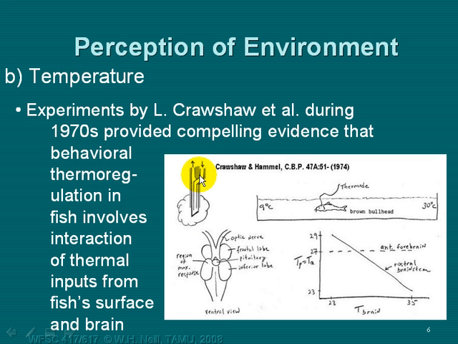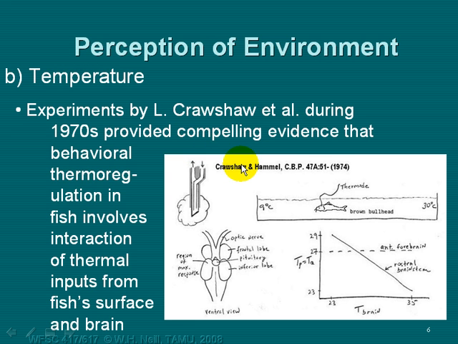In other words, this would be a one-way street where you could put in a fluid and then let it return out of the fish. And he was implanting this in various places within the fish. And he was controlling the temperature of the fluid so that it was relatively warm or relatively cold compared to the ambient temperature of the gradient where the fish was.